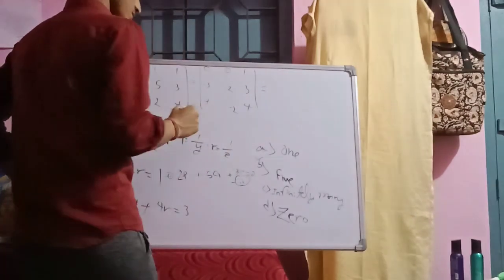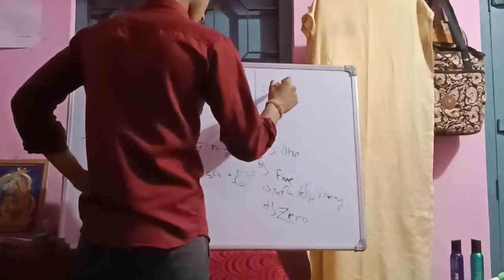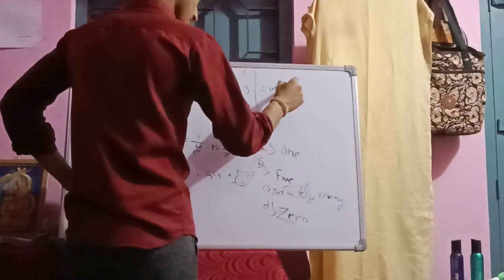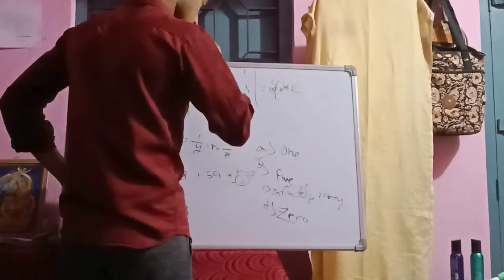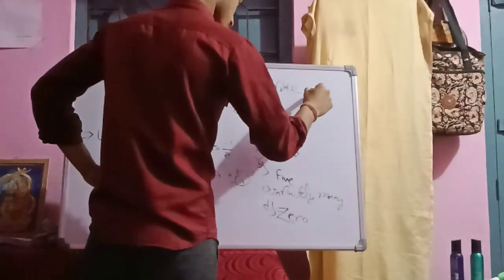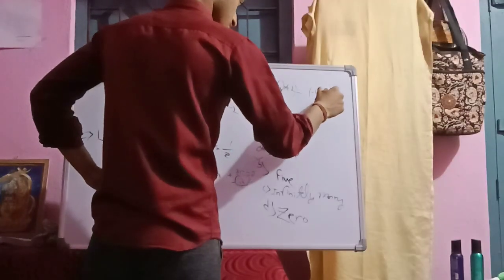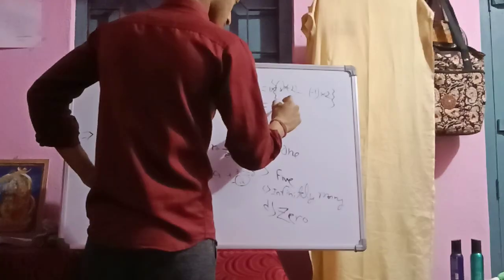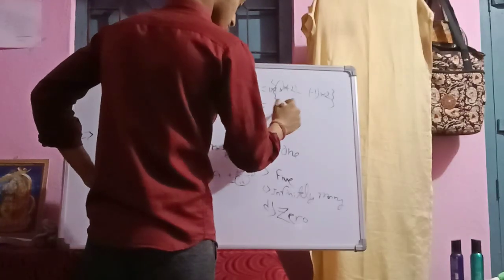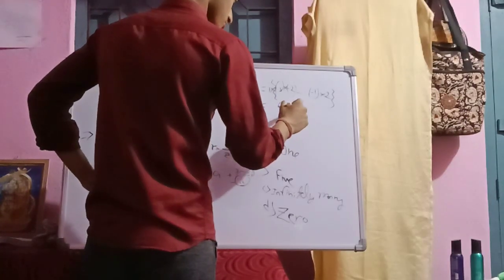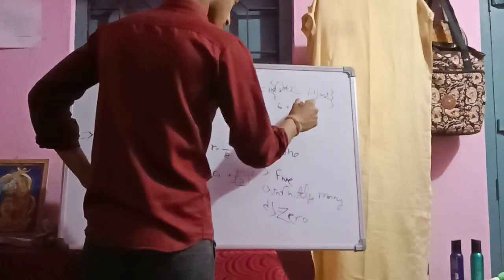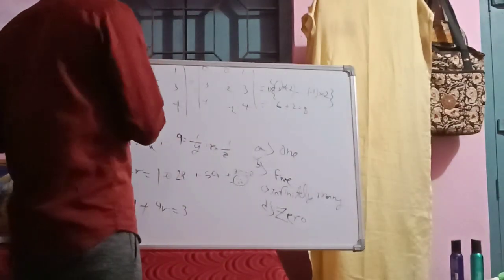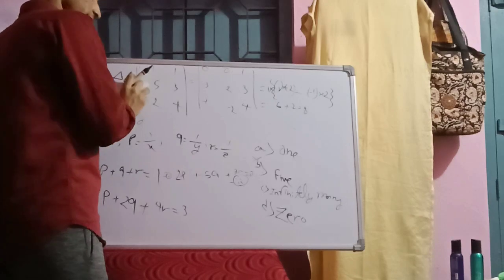Expanding, we get 1 times minus 3 times minus 2 minus 1 times 2, that is 6 minus 6 plus 2, which is 8. So the value of delta is 8.